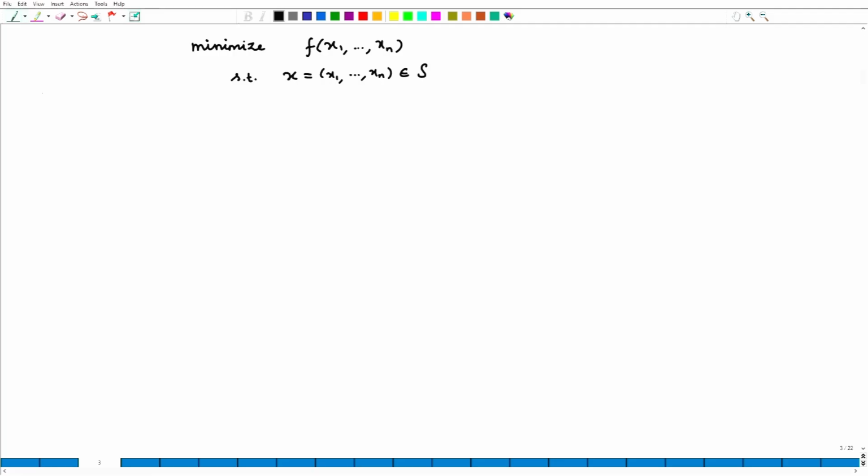So, whenever we have a problem of this sort, it is an optimization problem. Okay. You can see that f is some function from R n to R, okay, and throughout the course we assume that this function is twice differentiable.